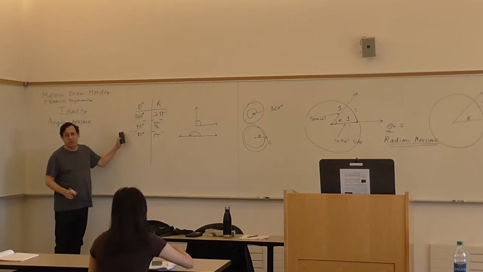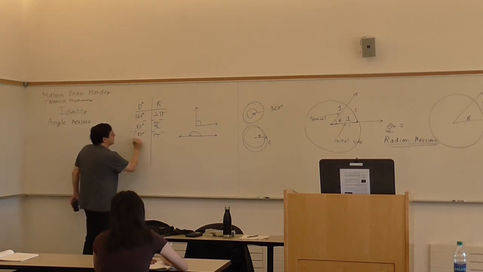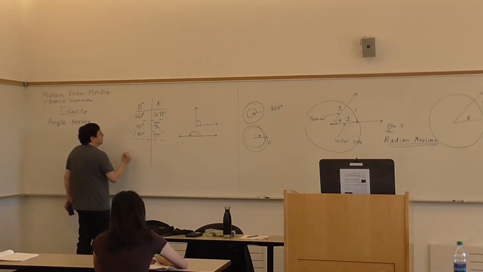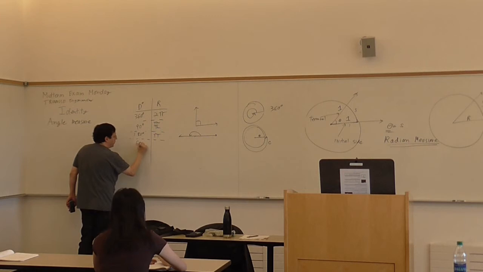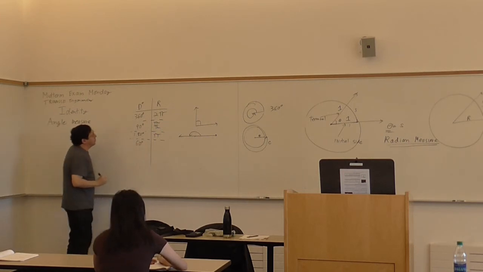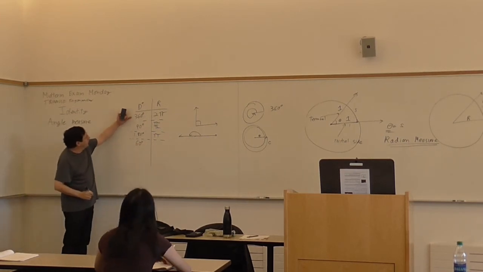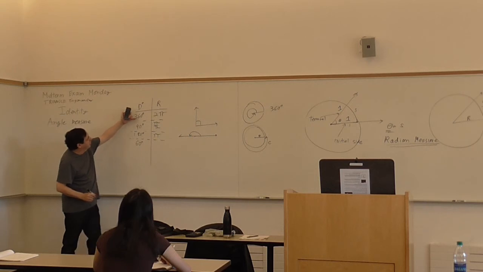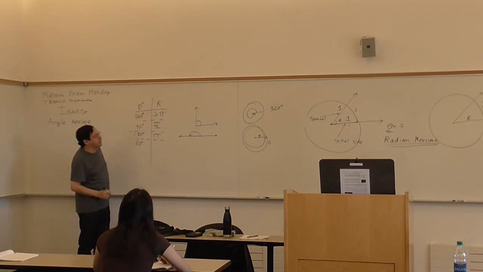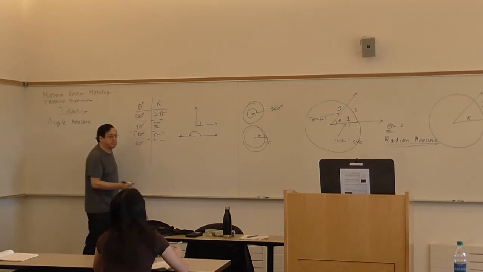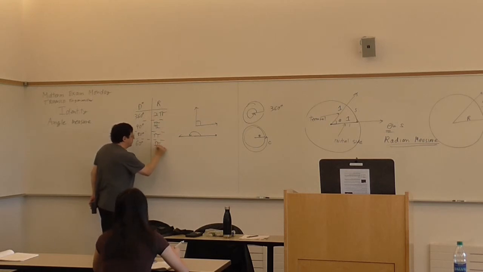There are a few other conversions. Very important, 60 degrees. That's 1/6 of 360. So 1/6 of 2 pi is pi over 3.